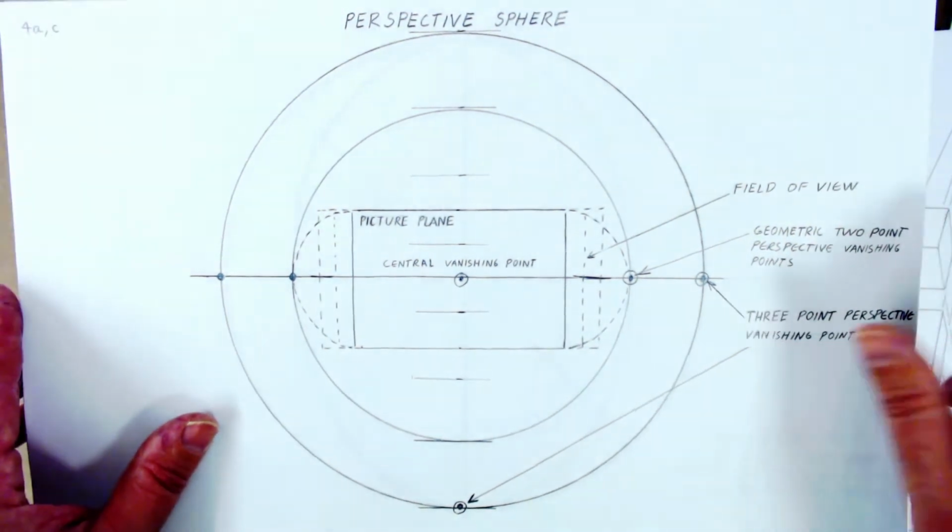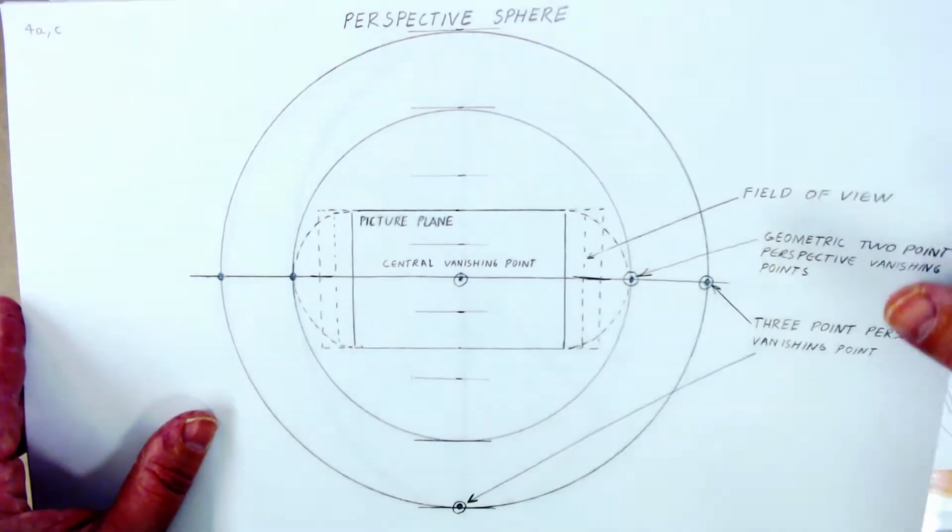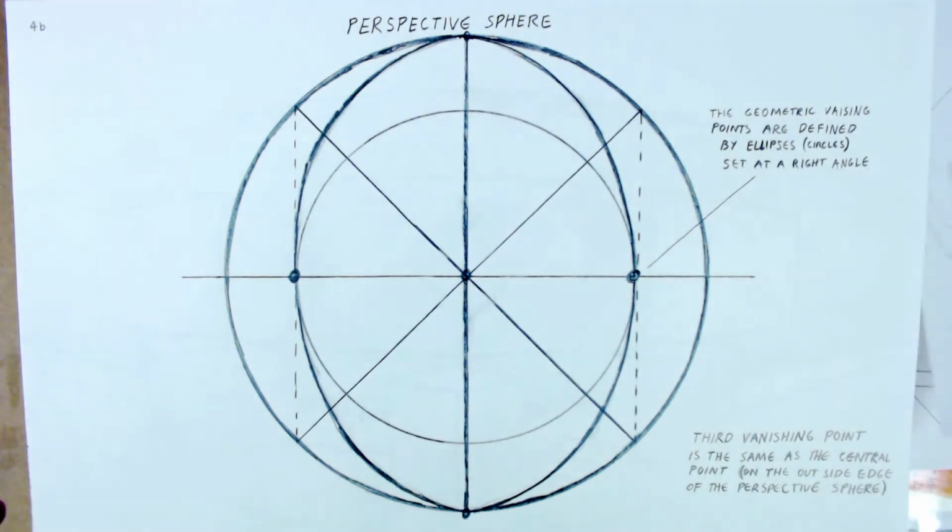So how do we derive these points? What makes them so special? Well, here's a rather confusing diagram of how it works. In a moment, I'm going to break into a little 3D diagram I made, an illustration.